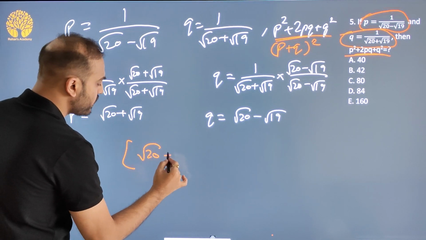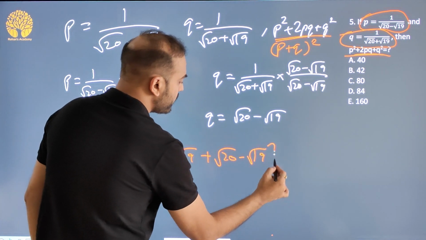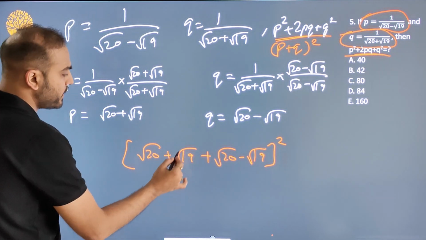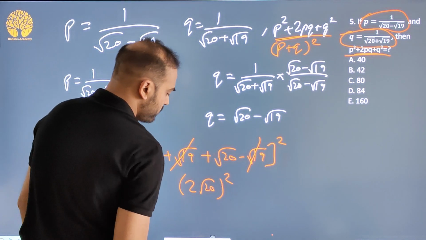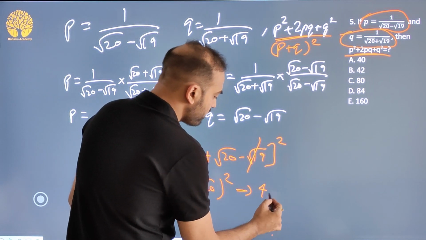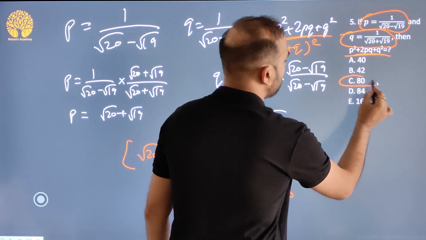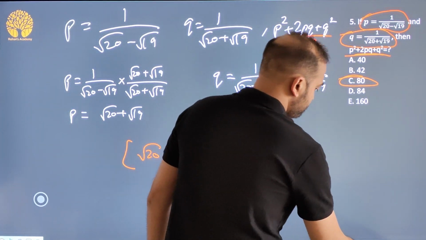So I have root 20 plus root 19 plus root 20 minus root 19 the whole square. Root 19 cancels out. 2 root 20 the whole square. So that is 4 times 20, 80.